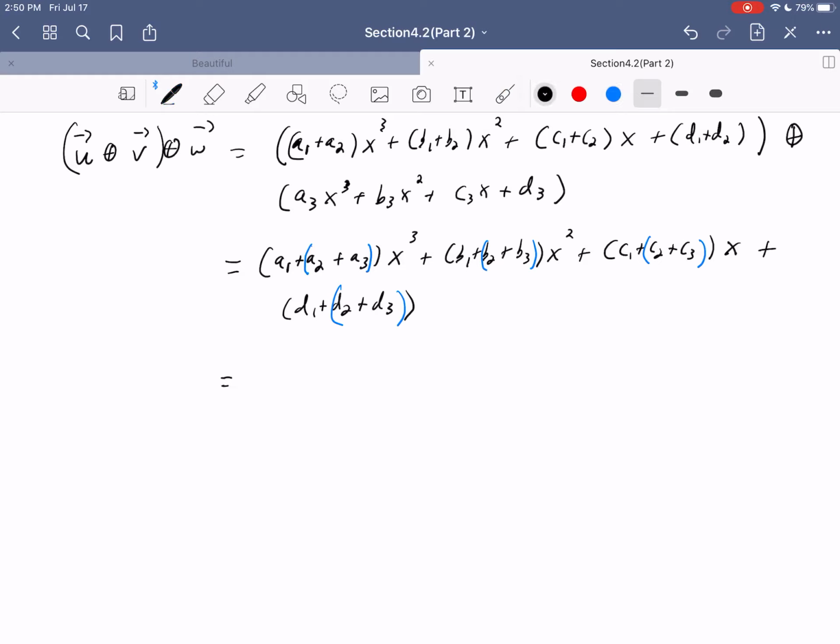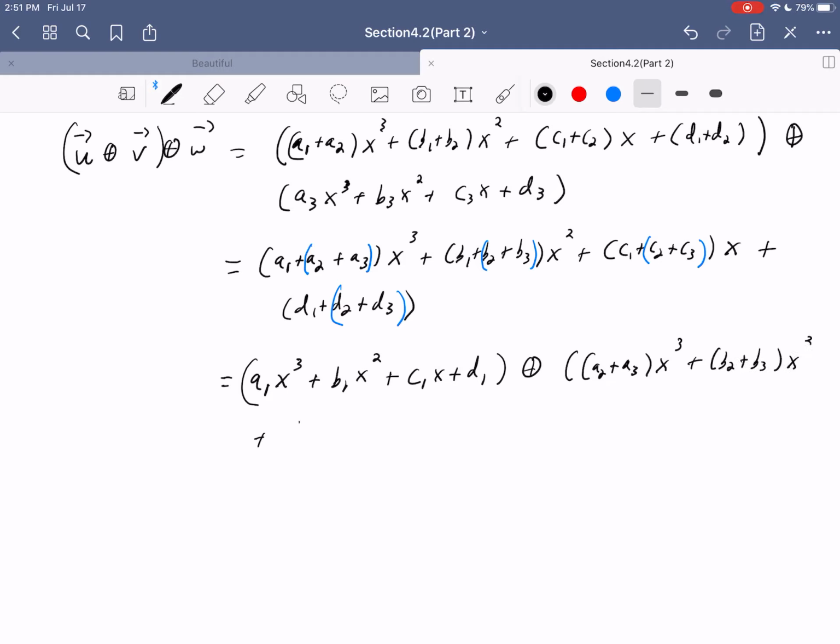So we can then split this as A1 x cubed plus B1 x squared plus C1 x plus D1, that vector, plus these guys as a separate vector. So that would be plus A2 plus A3 x cubed plus B2 plus B3 x squared plus C2 plus C3 x plus D2 plus D3.